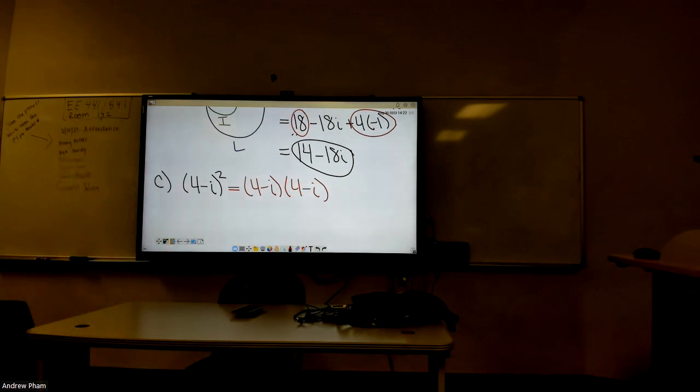So after that first hurdle, it should be very similar to part B in terms of how you multiply it out and clean it up.